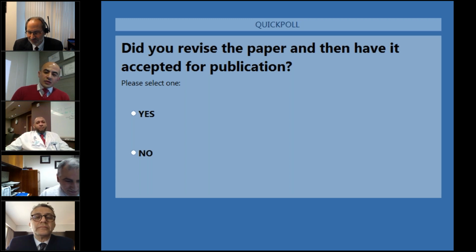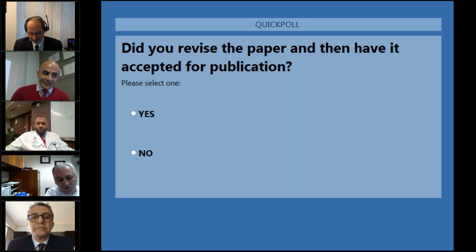So what are the elements that can help you improve your paper and hopefully get over that rejection if you can't see anything wrong with the paper? Ali?